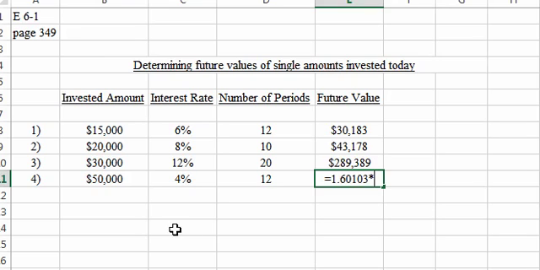We're going to multiply by the amount invested. So 50,000 invested today at a rate of only 4% for 12 years. At the end of 12 years, you'd have $80,052.